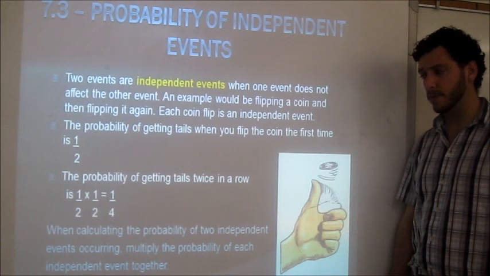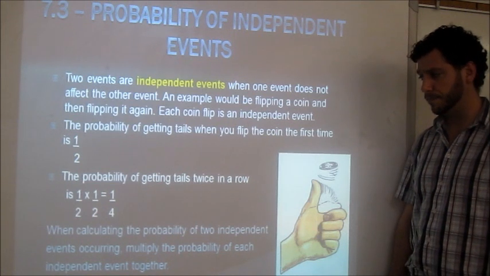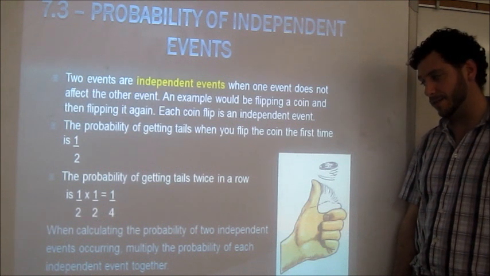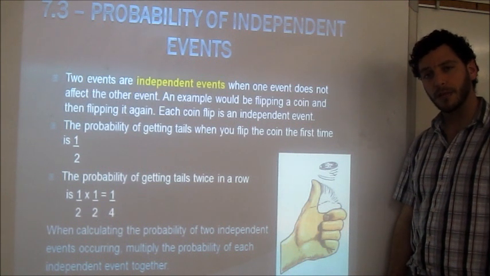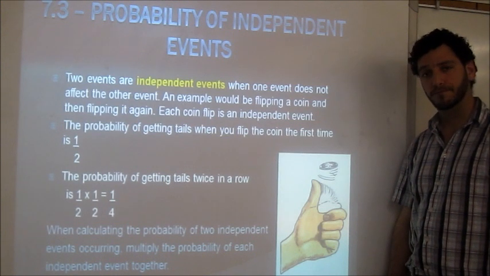So there would be a 25% chance that you would get tails twice in a row, theoretically. When calculating the probability of two independent events occurring, multiply the probability of each independent event together.